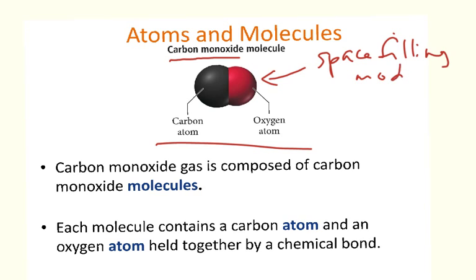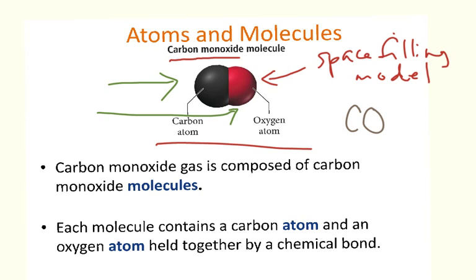And remember, in this space filling model, we said in class that carbon atoms are going to be represented as black, oxygen atoms as red, hydrogen atoms as white. And so that'll help orient you to what you're looking at. We also said that we could write the chemical formula of molecules.